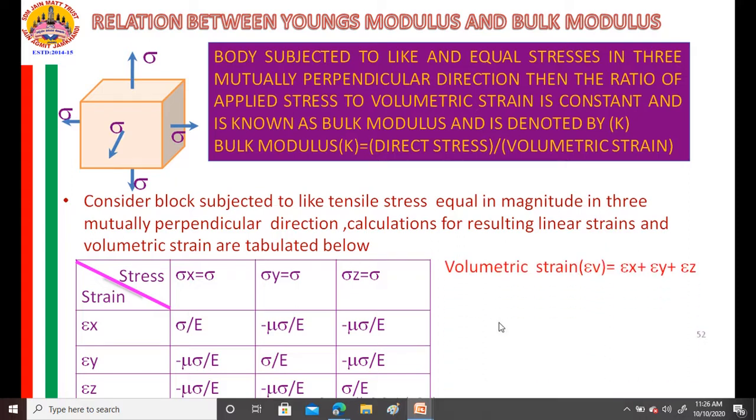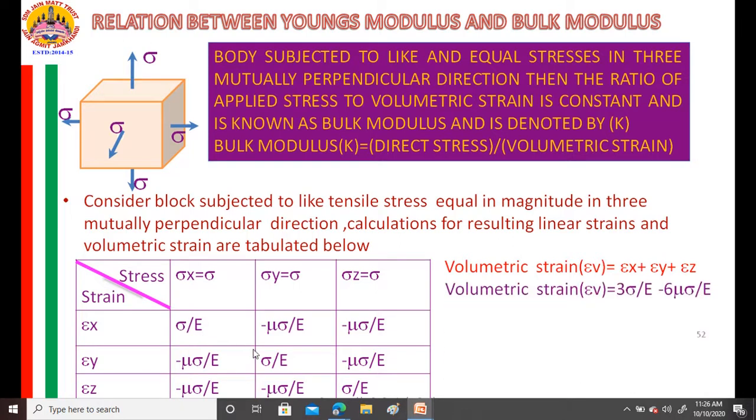Now we know that the volumetric strain is strain in three mutually perpendicular directions: strain in x direction, strain in y direction, and strain in z direction. Therefore, I need to take the total of all these terms, which is nothing but the volumetric strain, which is epsilon x plus epsilon y plus epsilon z. Add them.